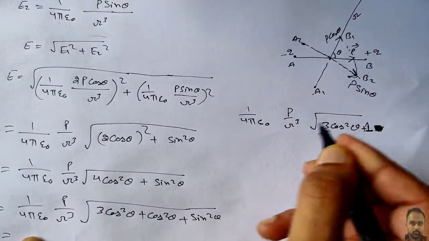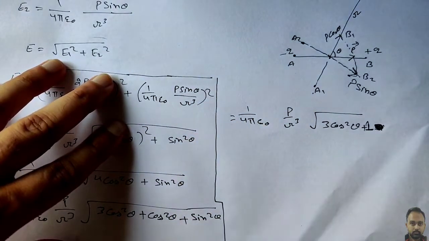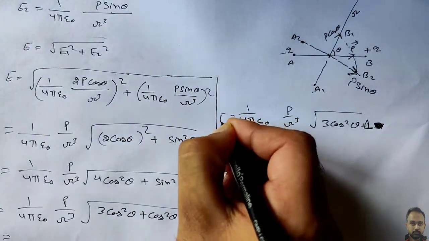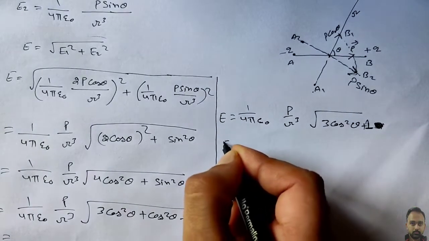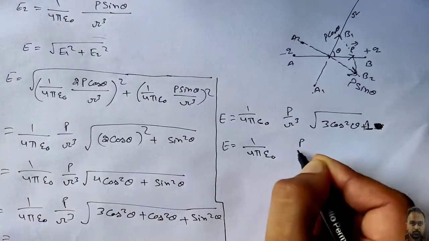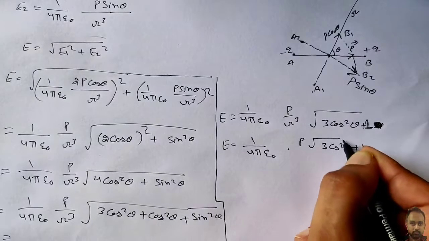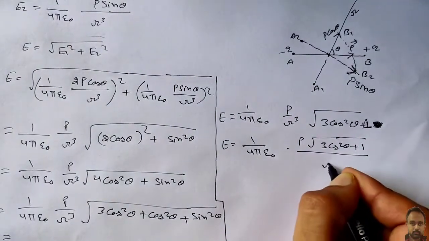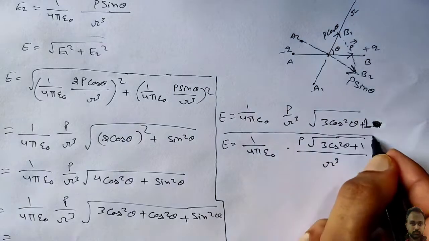This is simply 1. So this is total electric field E. Okay, so this is the result, and we can write this as 1 over 4 pi epsilon naught p under root 3 cos square theta plus 1 over r cube. Okay, so this is the result. We can verify this result.